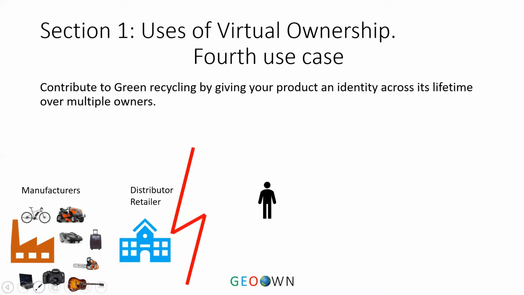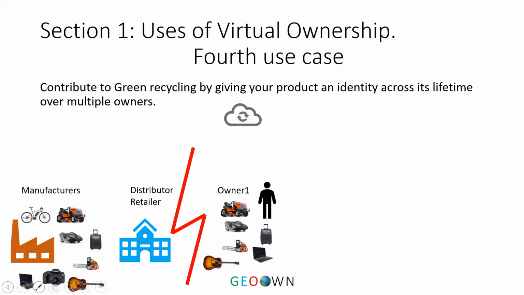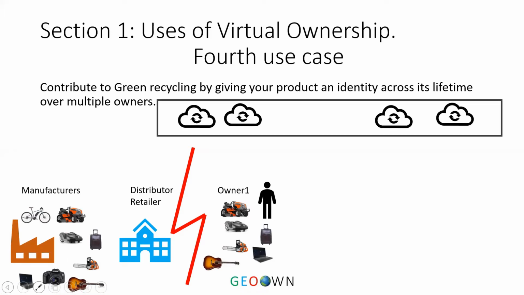This is where disintermediation between the manufacturer, distributor, retailer, and the consumer happens. The first owner buys his goods directly from the retailer or distributor. He can virtualize his goods directly on Geon by giving the products an identity.